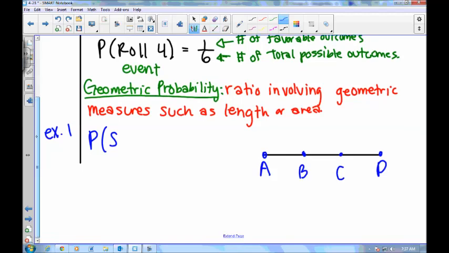No. So we want to find the probability that a point S will be randomly placed on BC.